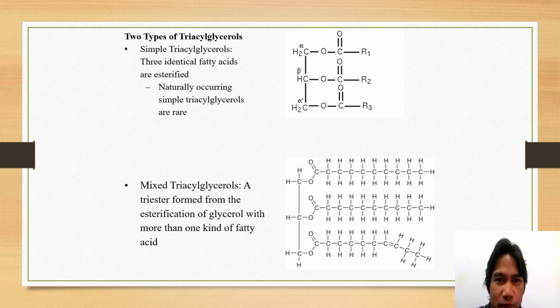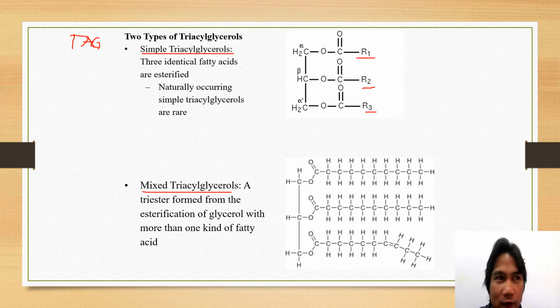There are two types of triacylglycerol, or two types of TAG. Let me just say TAG to shorten. There are two types of TAG: simple TAG, and the other one is mixed TAG. When we say simple TAGs, the fatty acids are identical.